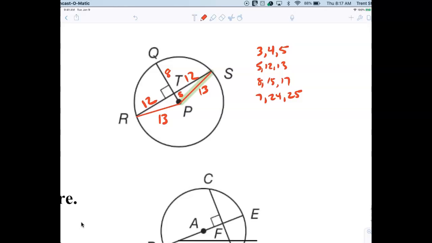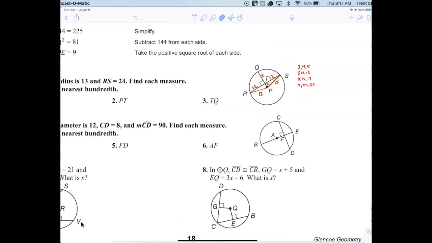It's disguised, it's hidden sometimes. The same thing with PS. Notice they didn't draw PS. We had to do that on our own, right? And if you don't draw it on your own, it's very hard to see. That's why I try to tell kids all the time, please draw in a radius, all right? There's some type of right triangle involved all the time. All right, so everybody's comfortable with that, right?